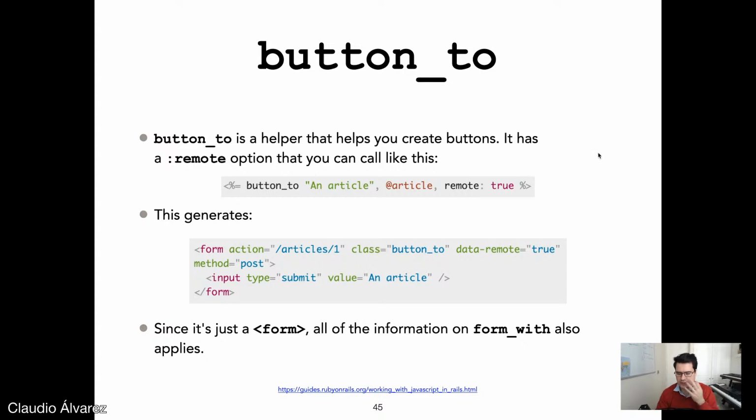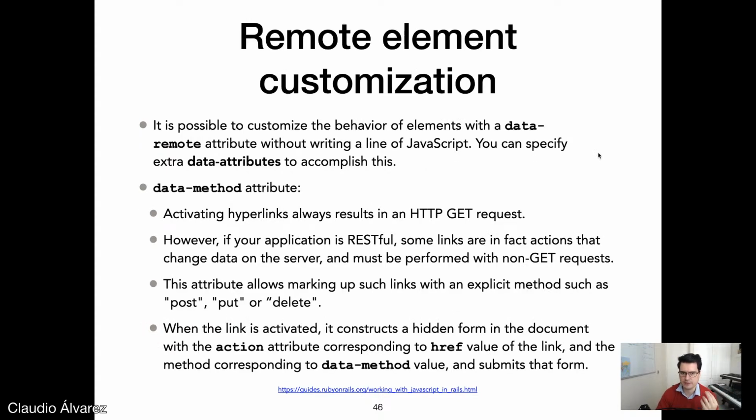It's very similar to the link. It's almost the same kind of thing. All right, so you can customize the behavior of elements with a data remote attribute without having to write a line of JavaScript. This is something that can conveniently happen in some cases.